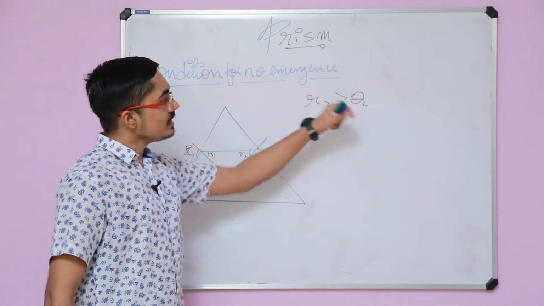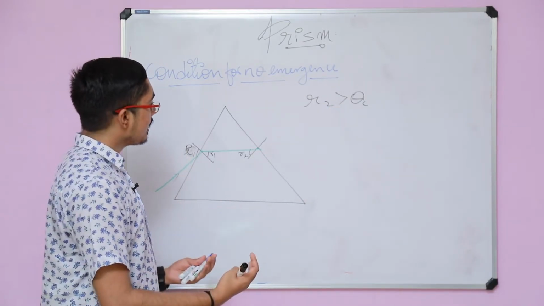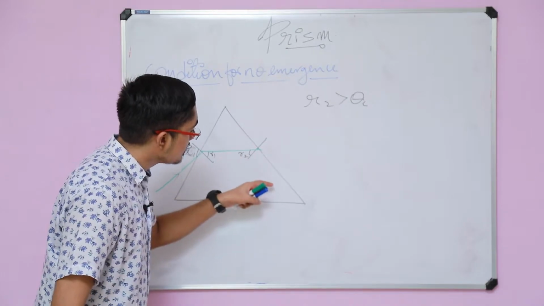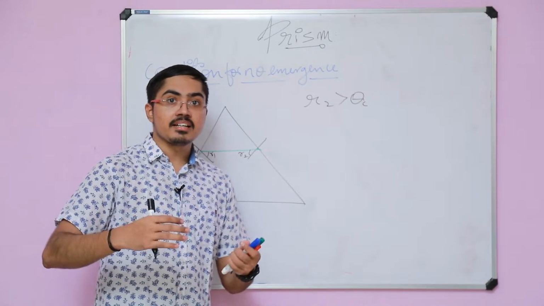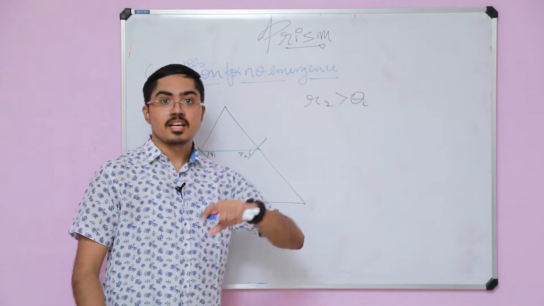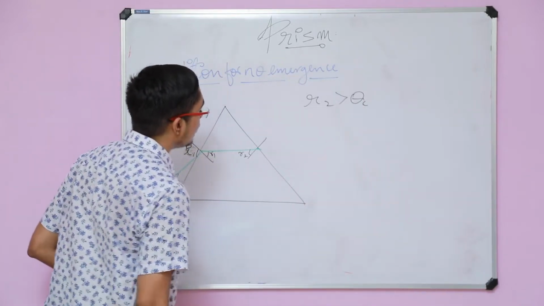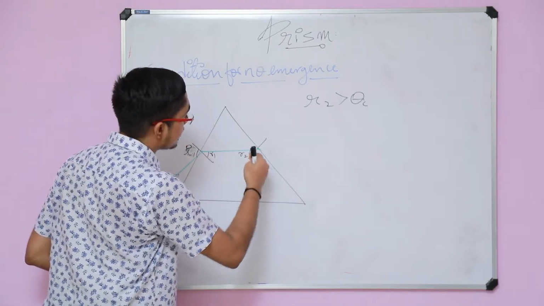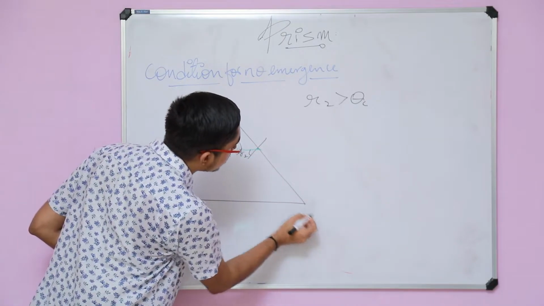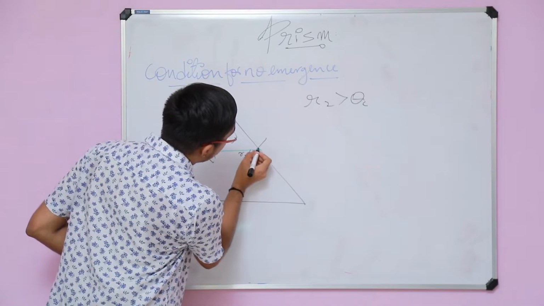If it is more than the critical angle, now what is critical angle? The angle of incidence for which the emergent, refracted ray grazes over the surface of the interface between the two media. That means if R2 is equal to the critical angle, then my outside ray, that is the emergent ray, will be going through the interface.